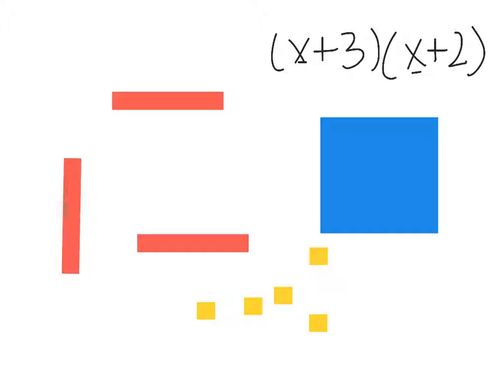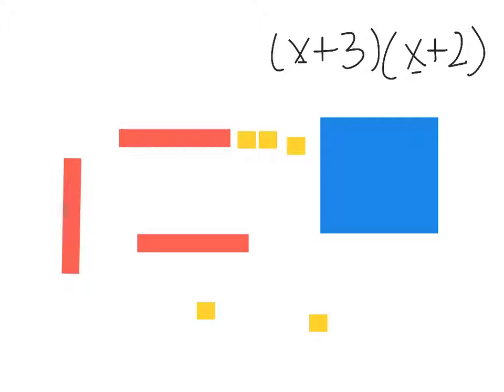We have red rectangles, which stand for x. And then there's individual small pieces, which are units. So we can build our array using these algebra tiles.